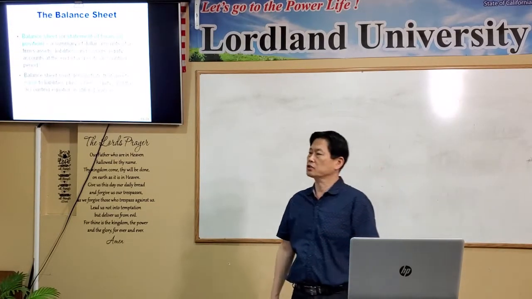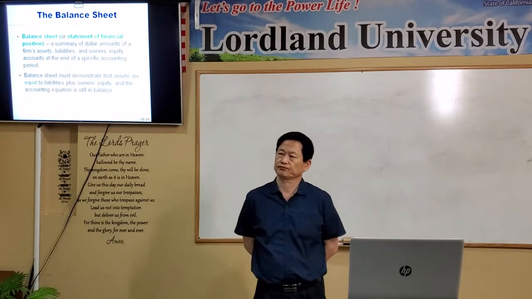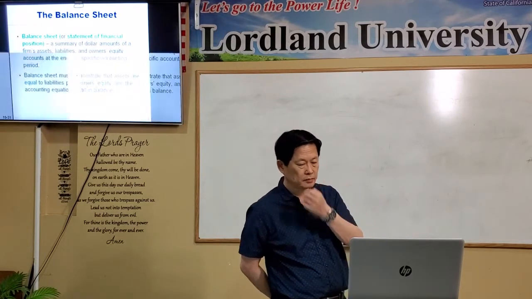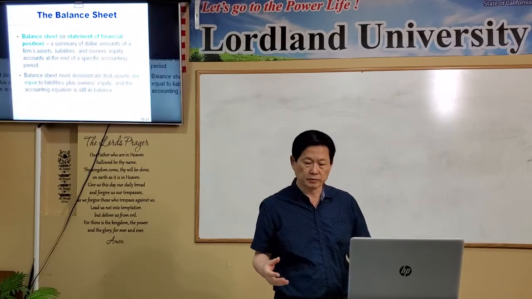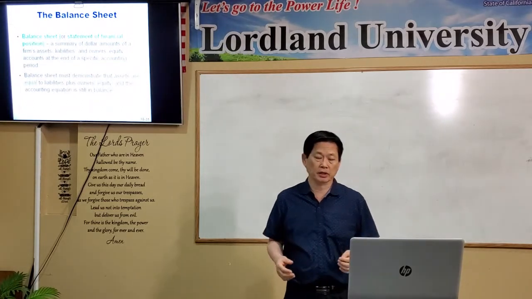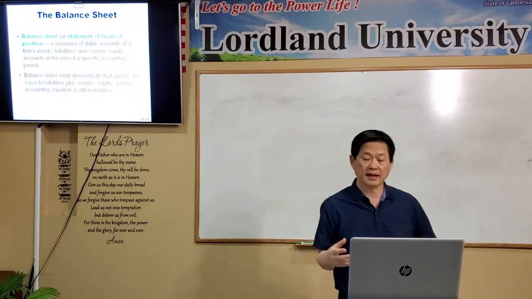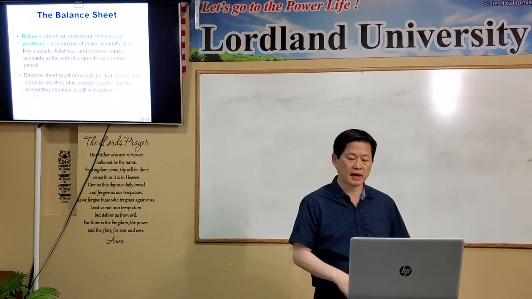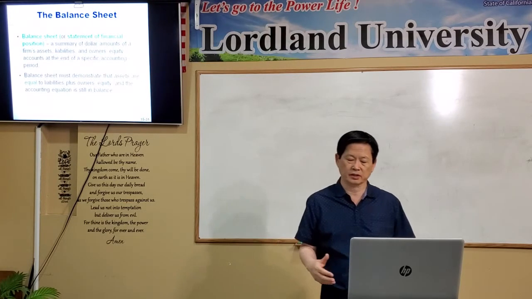The balance sheet is the most important financial statement. The balance sheet, or statement of financial position, is a summary of the dollar amount of a firm's assets, the firm's liabilities, and owner's equity at the end of the accounting period.